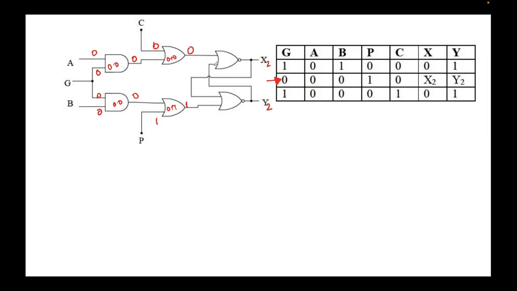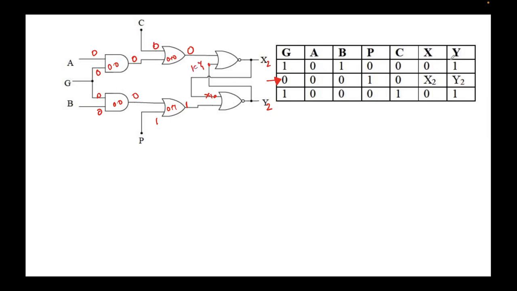Now we also need to find out the value here. This is nothing but y from the previous line, so this will be y1 here. Similarly, to calculate the value of y2 here, we need the value of x from the previous line. We are calculating x and y here, but we need the values of x and y from the previous line. So the value of y1 here is 1.